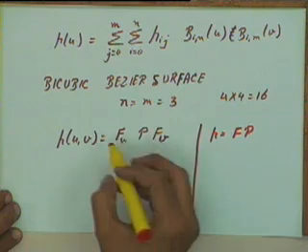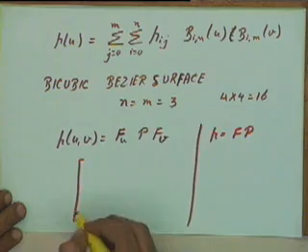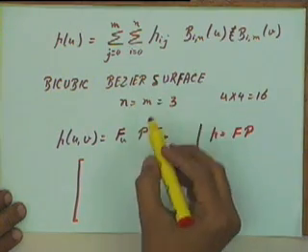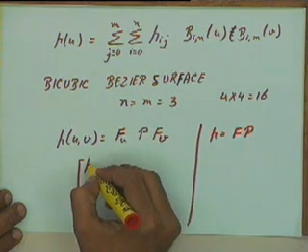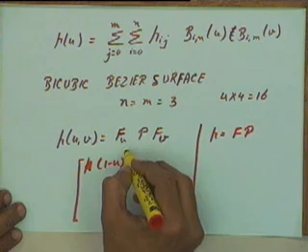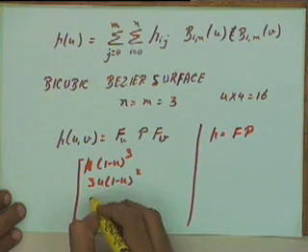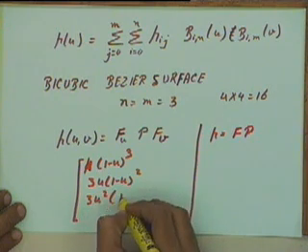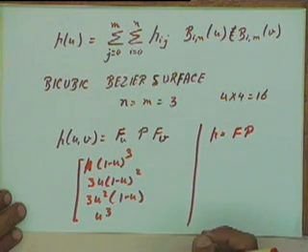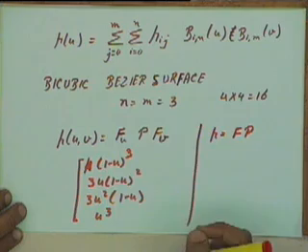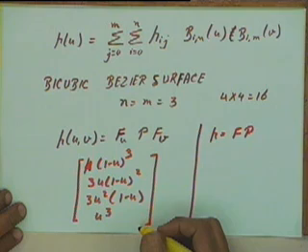Where f of u, if you are talking of a bicubic surface patch, will be as written, and similarly f of v will have similar terms containing v.